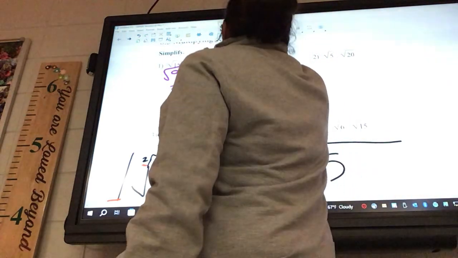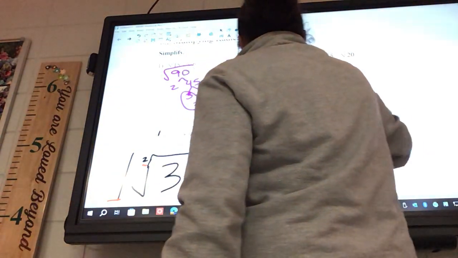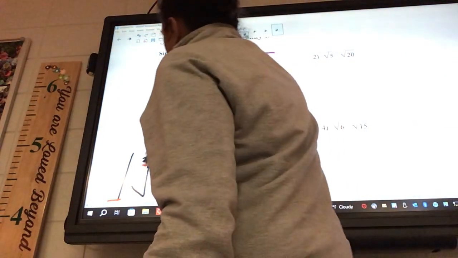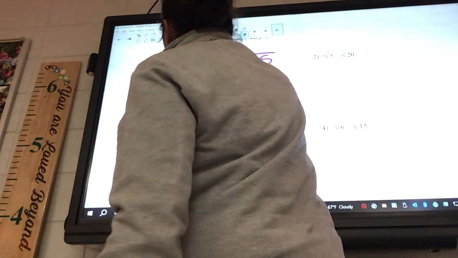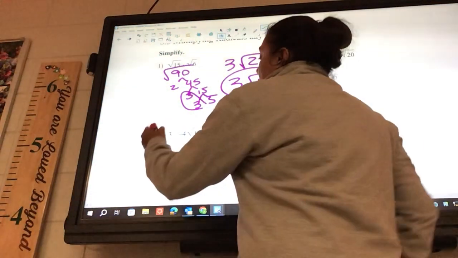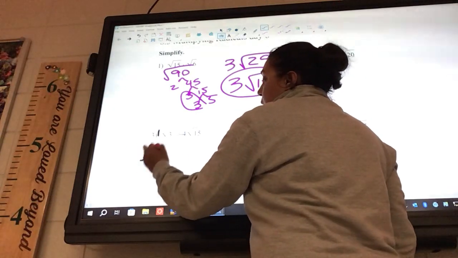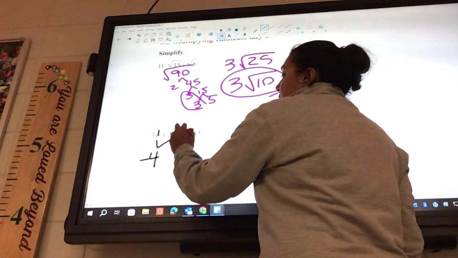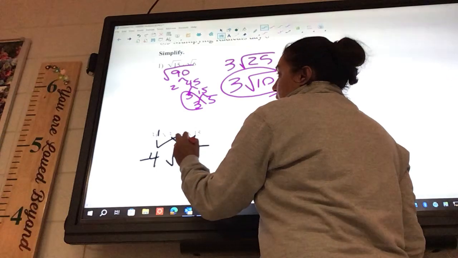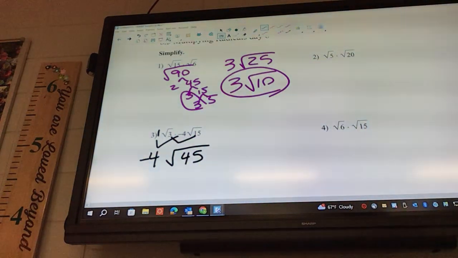Essentially the rule is as follows. If your indexes are the same, in which case they are, you're going to multiply the outsides together and multiply the insides together. So we've got 1 times negative 4, which is negative 4. And then 3 times 15 is 45.